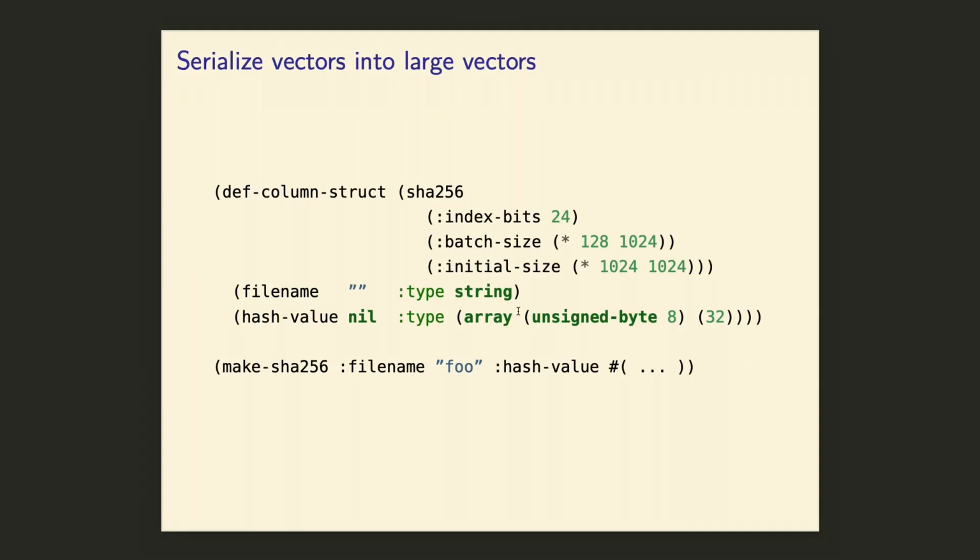Another example is using a fixed size vector. You can see here a hash value with 32 unsigned-byte 8 parts. If the type is one of unsigned-byte or another user-defined type, this gets inlined within a large vector. So if you say, I want to have 1,000,000 elements initially, the vector used for the hash value gets allocated with 32 million elements.